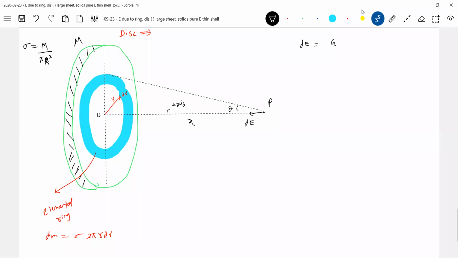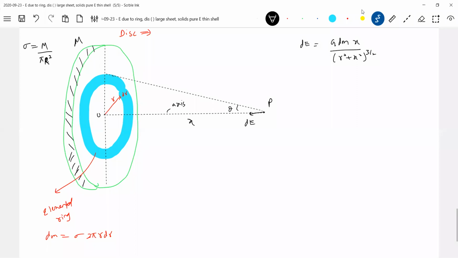So this should be G dm x by (r square plus x square) to the power of 3 by 2. Small r is this one. What is dm?